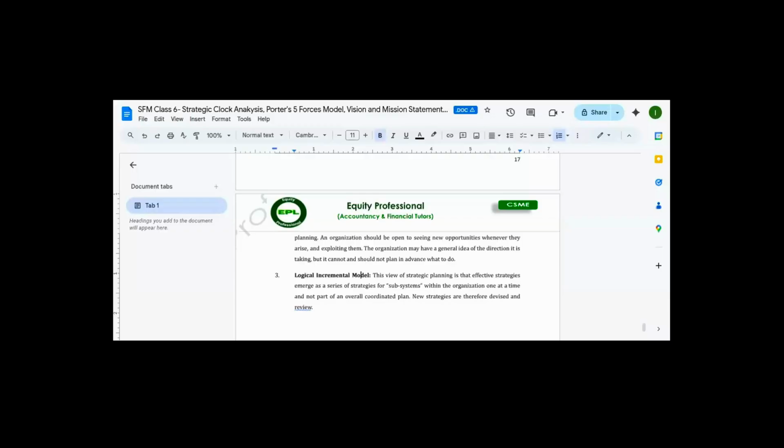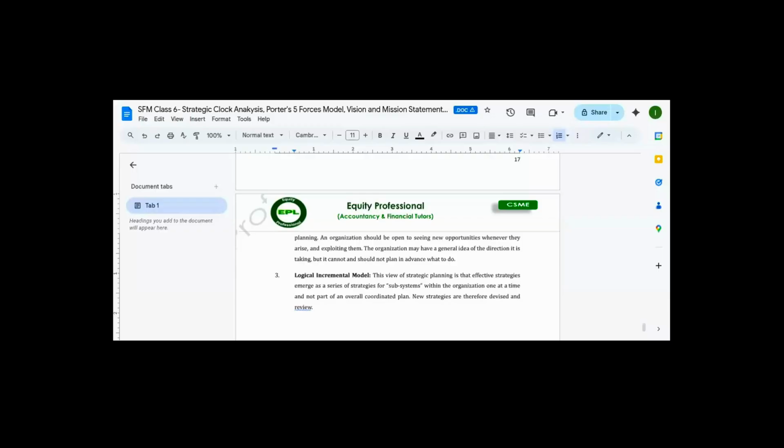So the logical incremental model, that's the third one. This view of strategic planning is that effective strategies emerge as a series of strategies for subsistence within the organization, one at a time. So the logical incremental model requires improvements in our strategic plan.